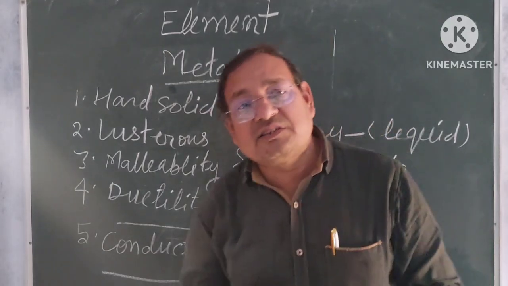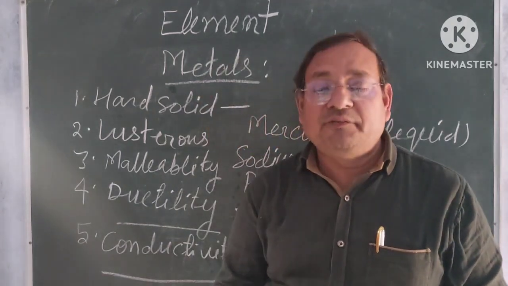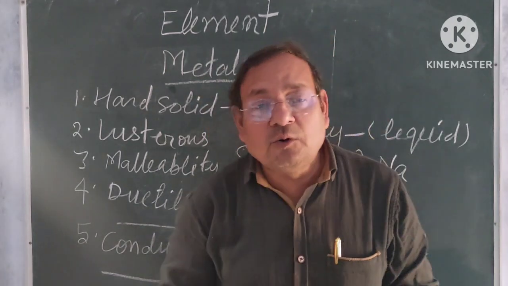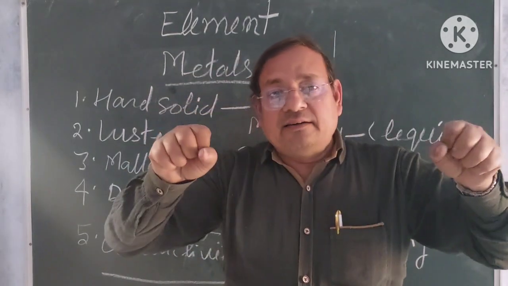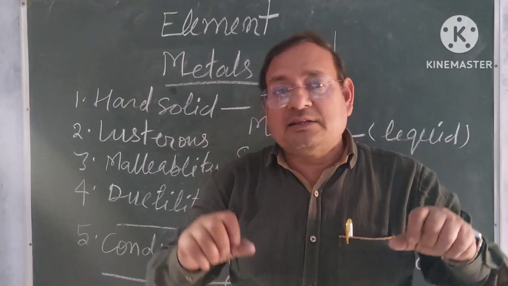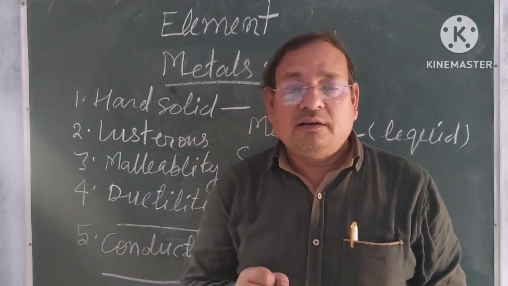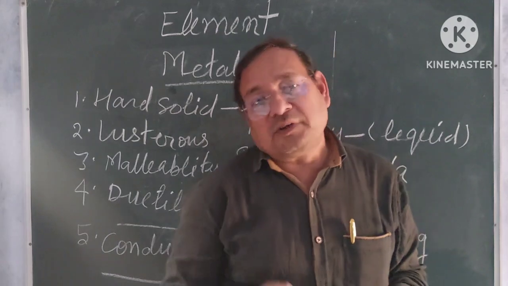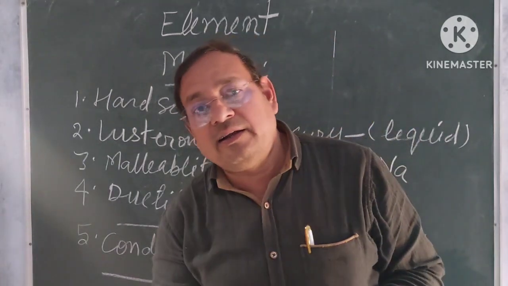Metal can withstand a lot of weight. It means metal can bear a lot of weight. If you try to bend an iron rod or any other metal, we have to exert more pressure in comparison to non-metals.